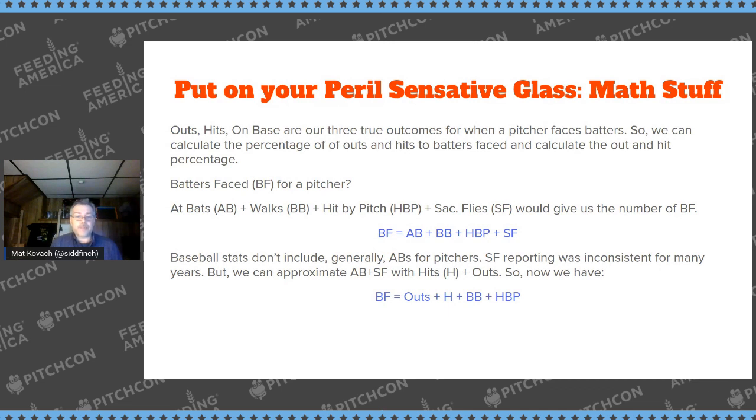There is a way that we can estimate our at bats plus sacrifices, and that is roughly equal to your outs plus your hits. So now our batters faced, looking at it from a pitcher's perspective, not the hitter stepping up, is outs plus hits plus bases on balls plus hit by pitches.